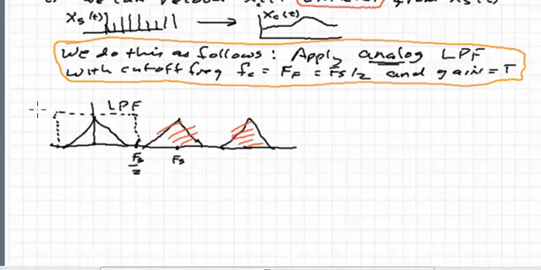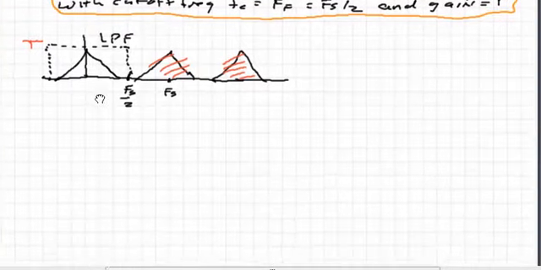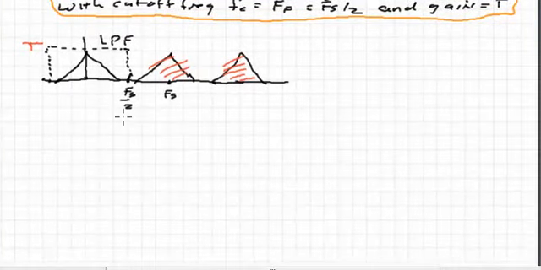And then if I give it a gain of T, right, and this thing is at 1 over T, we'll be able to reconstruct the original signal. Hopefully that makes sense. It makes total sense in the frequency domain. In the time domain, the argument works, but it's a lot trickier.